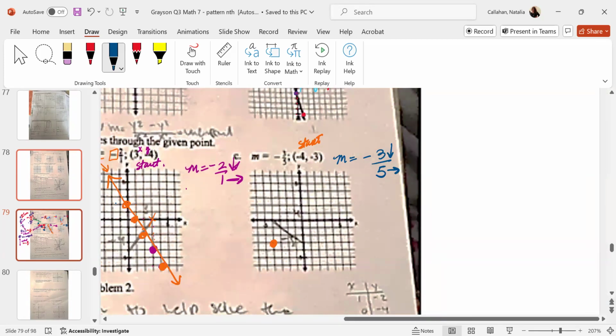Negative 3 down and 5, right? Yeah, go down 3 from the point. 1, 2, 3, over 1, 2, 3, 4, 5. That's your next point. You see I don't have enough space there? It's a negative slope, so you know it's going to go in this direction, right? Because it's negative. So go up 1, 2, 3, 1, 2, 3, 4, 5. Long lines, arrows popping. Okay, gotta have arrows.